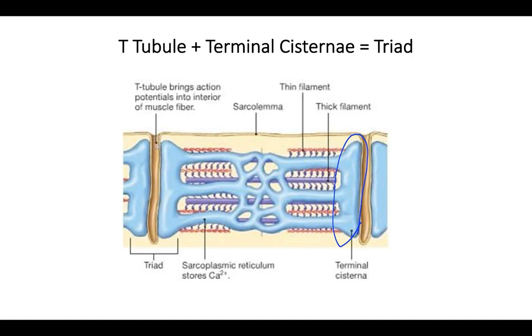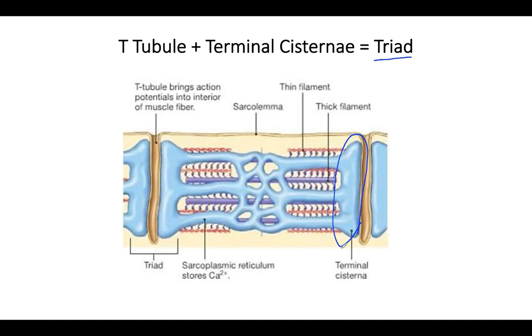Therefore, the T-tubule wraps around the sarcomere of the myofibril in the region where actin and myosin myofilaments overlap. A T-tubule plus two adjacent terminal cisternae we call a triad. Triad means three: two terminal cisternae plus the T-tubule, therefore three.